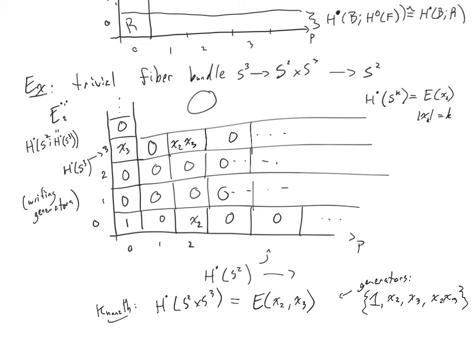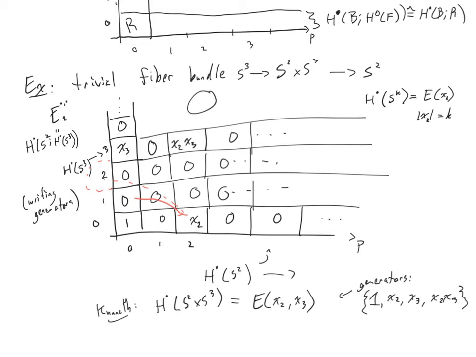This is the point where you look at differentials. So, for instance, this guy x_2, the place where it could have a differential is it could receive one from this group. That would be a d_2. Then a d_3 would be coming from there, and there's nothing there.